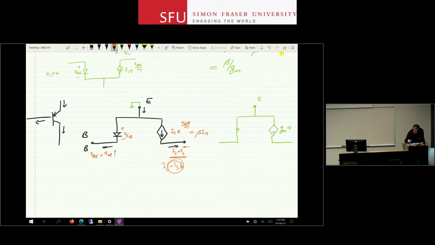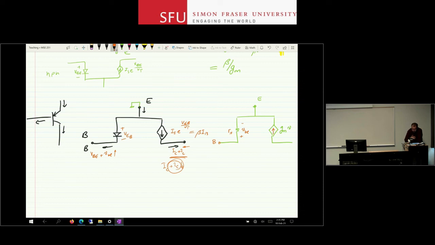So the direction of the current that you put for this is gm. And we're talking about increasing vbe, V base with respect to the emitter. So if this is your base, this is your vbe. And then, this is going to be your rπ or rbe, whatever that you decided. But this is going to be the model for a PNP device.